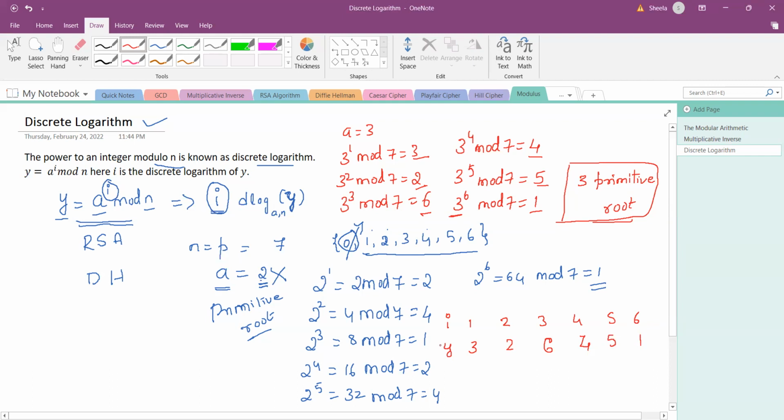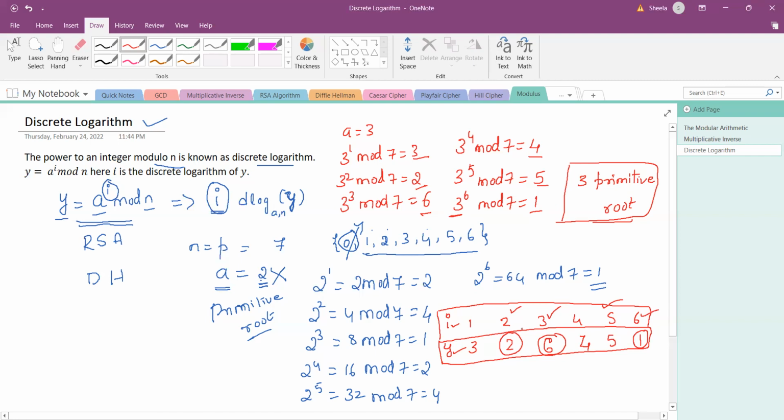These exponents are called the discrete logarithm. For a given number y, when y is equal to 2, its discrete logarithm is 2. When y is equal to 1, its discrete logarithm is 6. When y is equal to 6, its discrete logarithm is 3. Like this, we can consider the discrete logarithm.